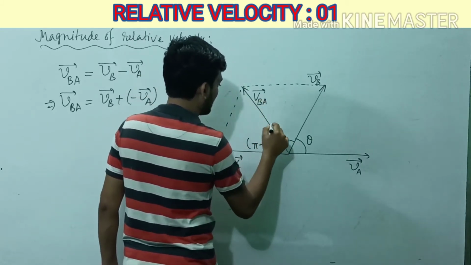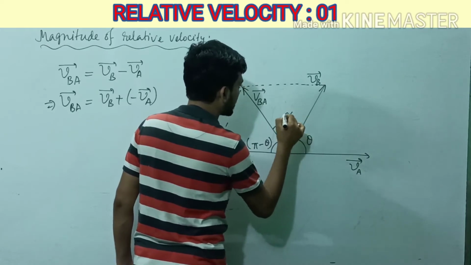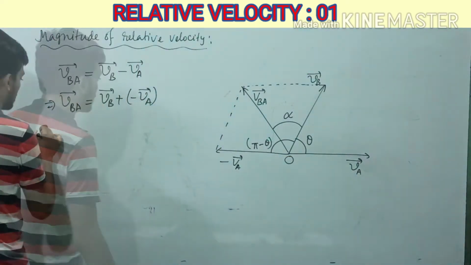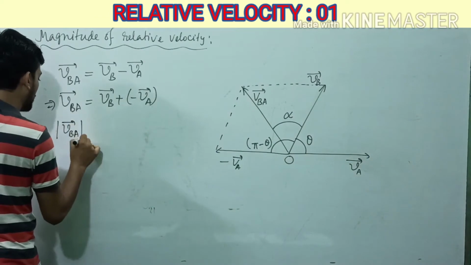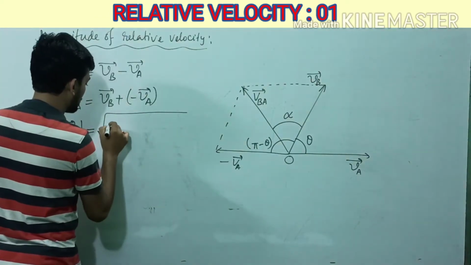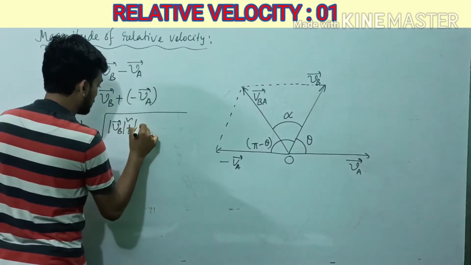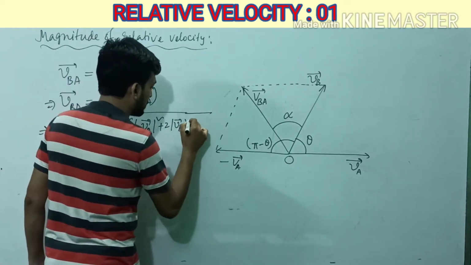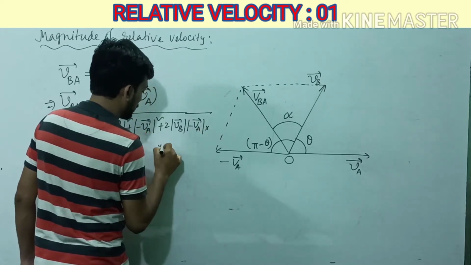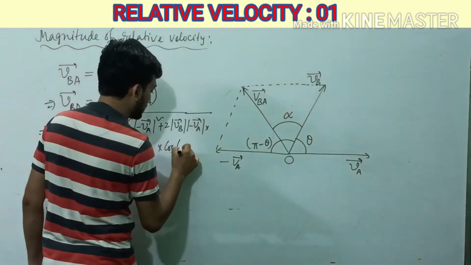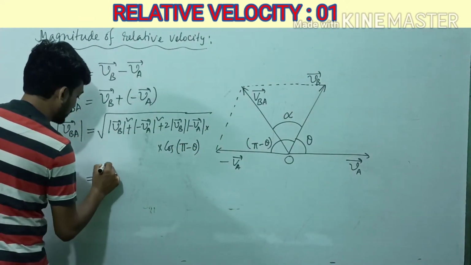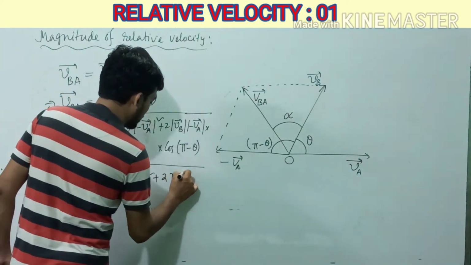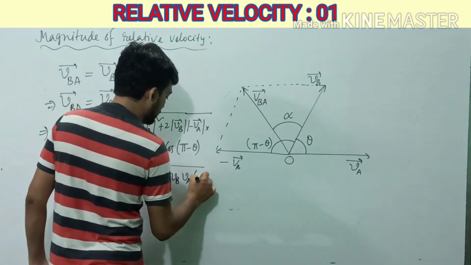Suppose the relative velocity is making an angle alpha with the direction of motion of body B. Okay, let this point be O. Now magnitude of the relative velocity of body B with respect to body A will be square root of mod VB square plus mod minus VA square plus 2 mod VB mod minus VA cos of the angle between VB vector and minus VA vector, that is pi minus theta, is equal to square root of VB square plus VA square plus 2 VB VA cos pi minus theta, which is equal to minus cos theta.